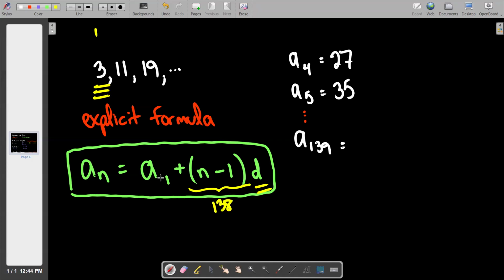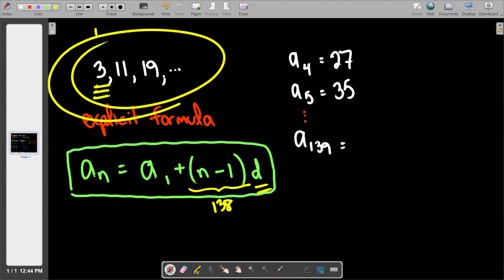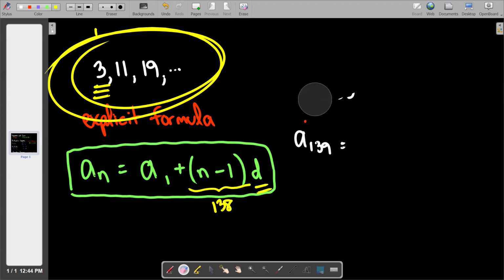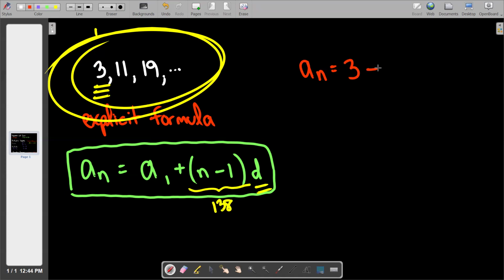So having said that, let's write the explicit formula for this particular arithmetic sequence up here at the top of the board. It's going to look like this. We're going to say A sub n equals what? What goes first? 3. 3 plus, right, in this case, n minus 1 times 8.